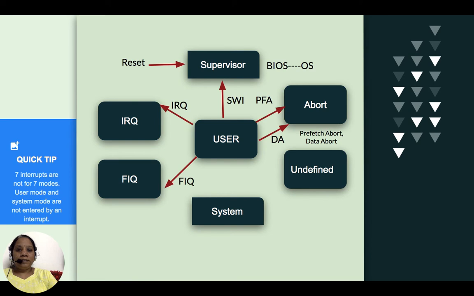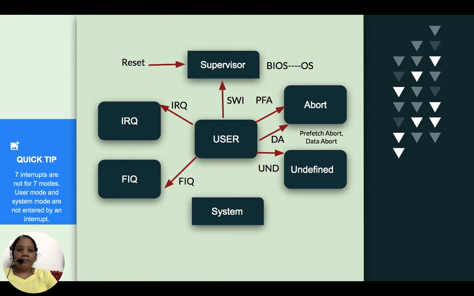So these are the next 2 interrupts, involved between the user mode and the abort mode. Whenever these 2 interrupts occur, you are immediately shifted to the abort mode if you are in the user mode. And then you have one interrupt related to the undefined mode. Undefined is the name of that interrupt, so you move from user mode to undefined mode.